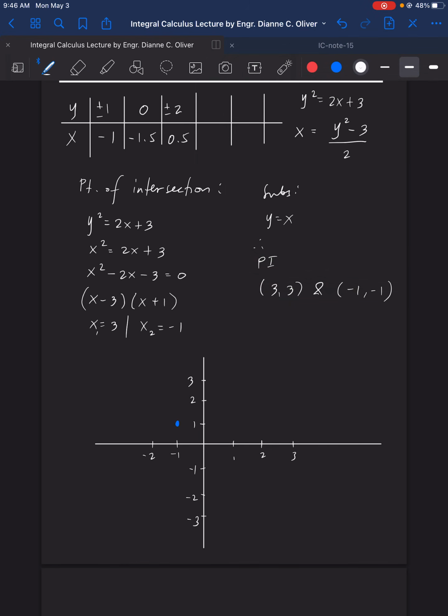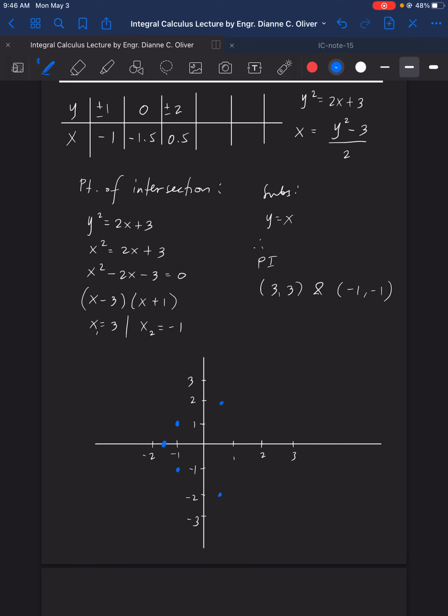Okay, so y is equal to 0, therefore this is the point. Then positive 2, negative 2, we have here the points.